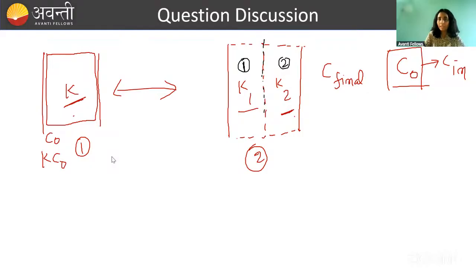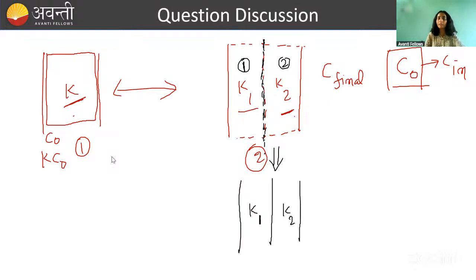If we imagine an imaginary plate here, then this capacitor can be drawn like this. This is one capacitor having dielectric constant K1, and this is another capacitor having dielectric K2. So two capacitors we can see.